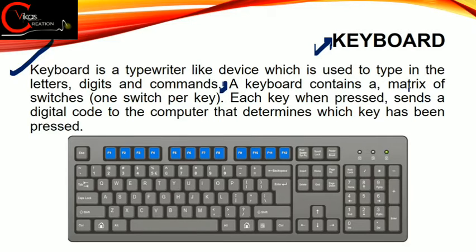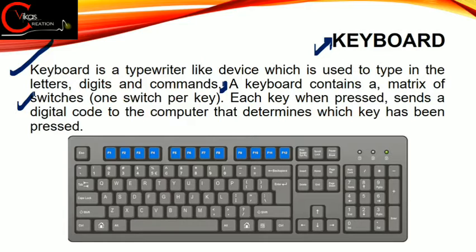A keyboard contains a matrix of switches. Fine. In a keyboard we have multiple switches, where every key works as a switch. When we press a key, each key sends a digital code to the computer that determines which key has been pressed.